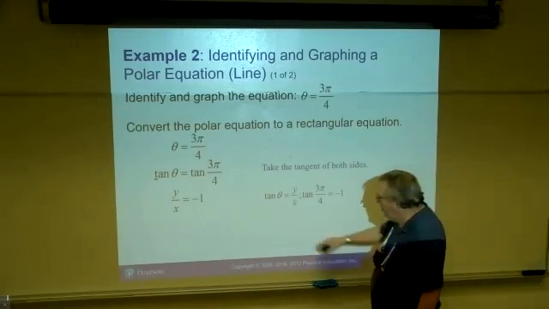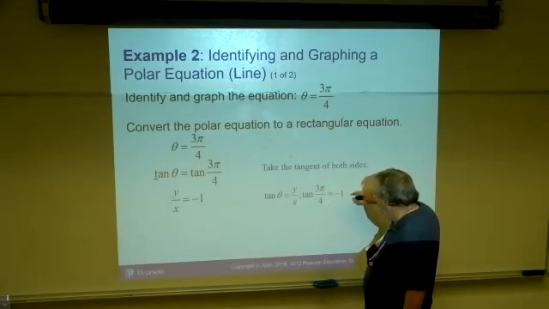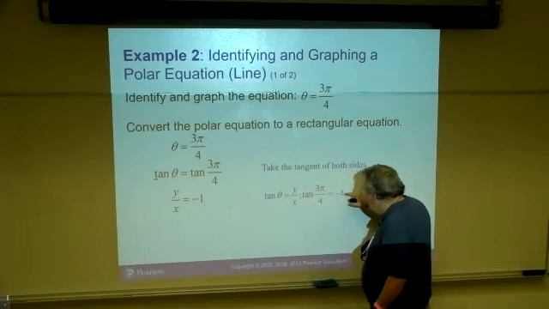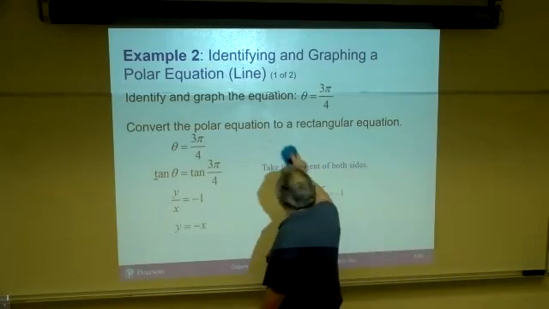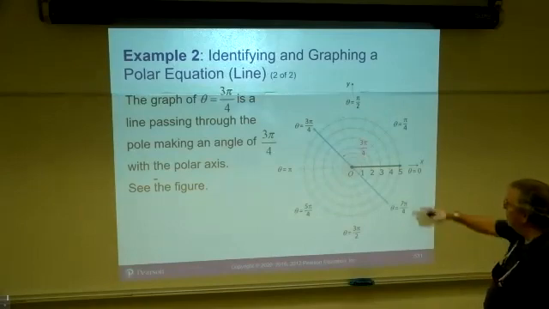Tangent equals y over x, and tangent of 3 pi over 4 is -1. And so y over x is going to equal -1, and so y equals -x. And I think they do show the graph of this one. There it is.